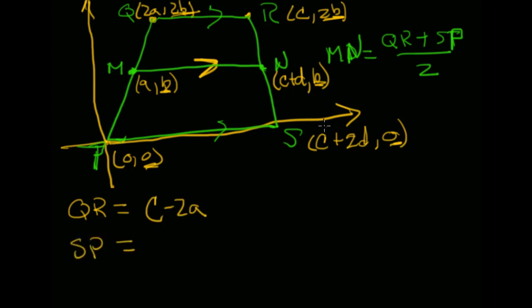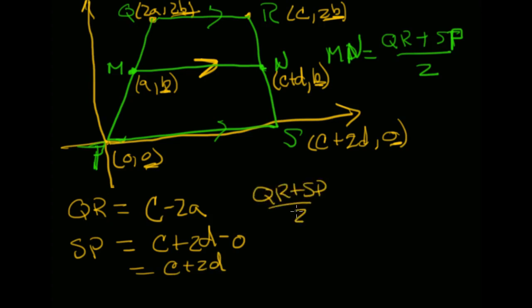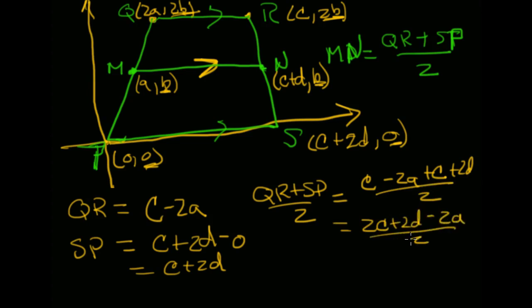SP is C plus 2D minus 0, so that's just C plus 2D. So QR plus SP over 2 is C minus 2A plus C plus 2D all over 2. That's 2C plus 2D minus 2A over 2, which is C plus D minus A.